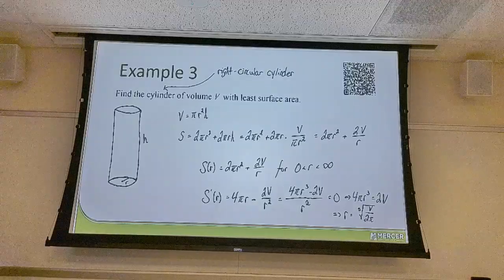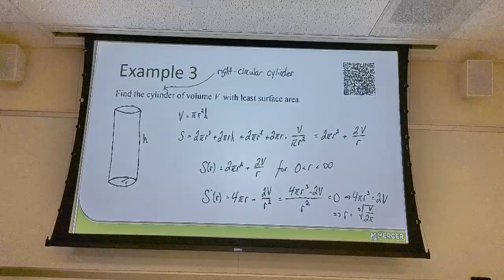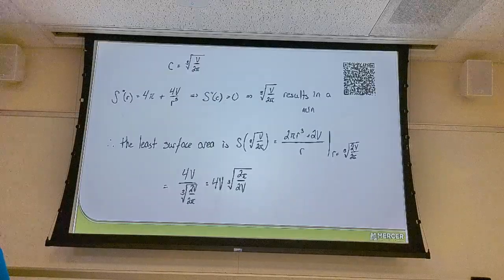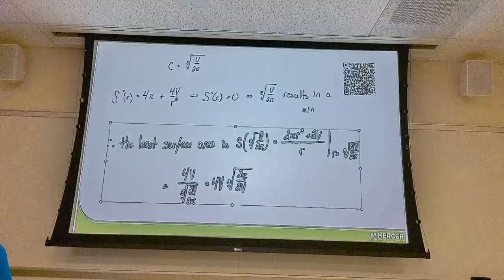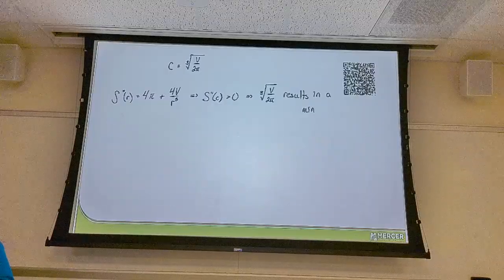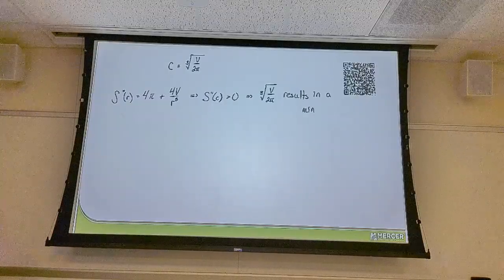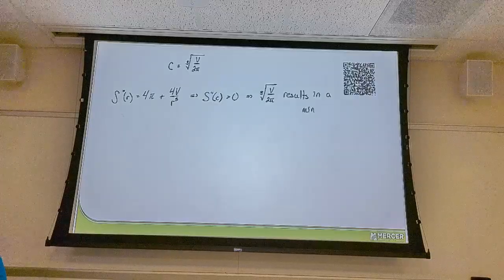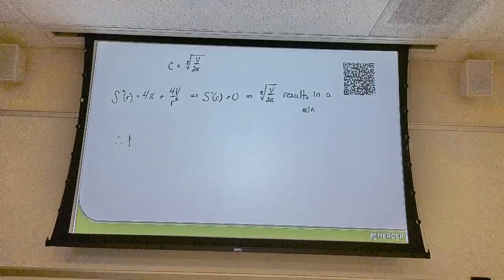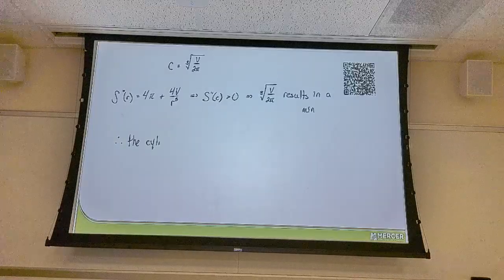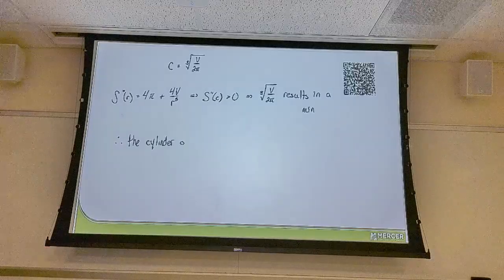That's annoying. Which means all of that is useless. Makes me sad. I mean, if we have the radius, then we would know if it's a right circular cylinder exactly what it is.